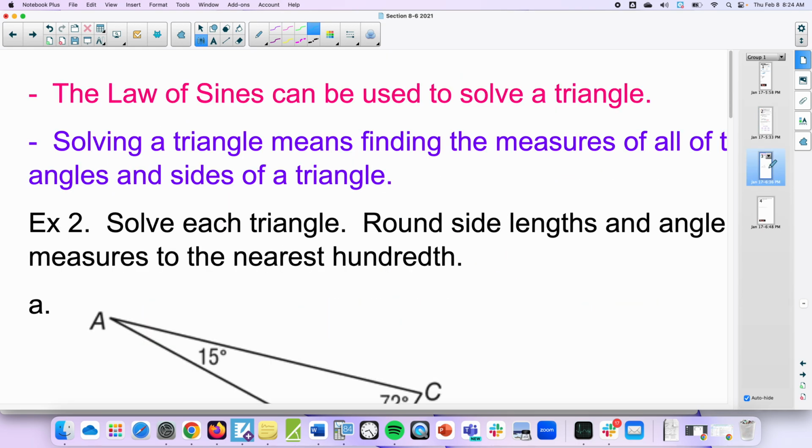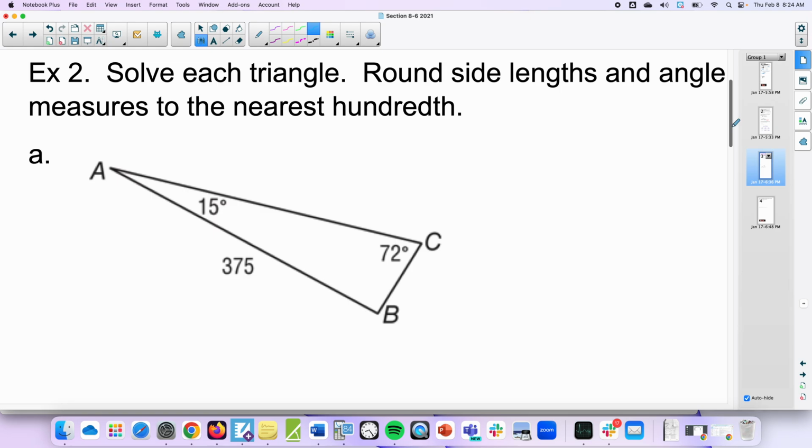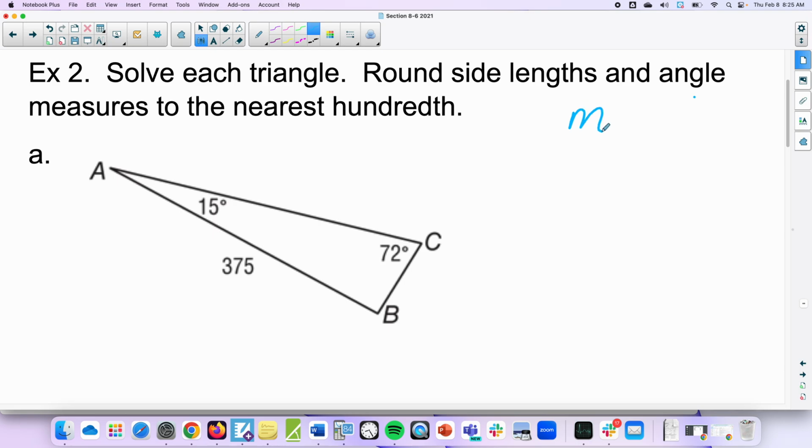So let's go to this page, and we are gonna start with this triangle here. This is going to be just like where we have 3 things to solve for, and we're gonna write that up here. The first thing I need to solve for is the measure of angle B. What they do in this chapter quite a bit is they label, if this is angle A, this is little a.